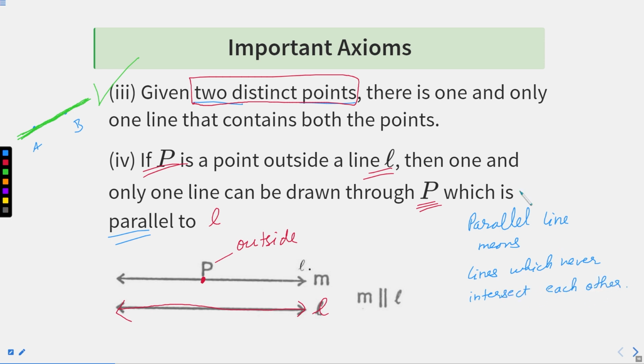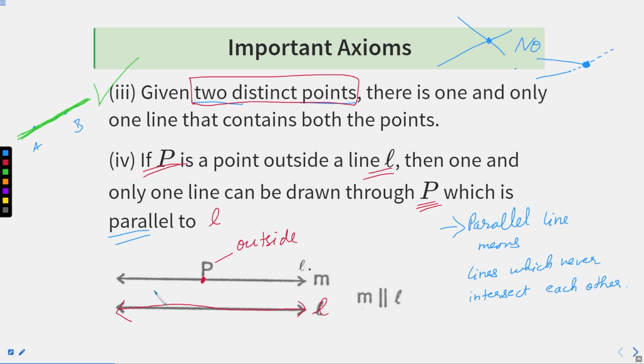Okay, I hope this is clear. Are these lines parallel? No, because they intersect here. Are these lines parallel? No, because if you extend this part, you will see there will be an intersection. So such lines which never intersect each other are said to be parallel.